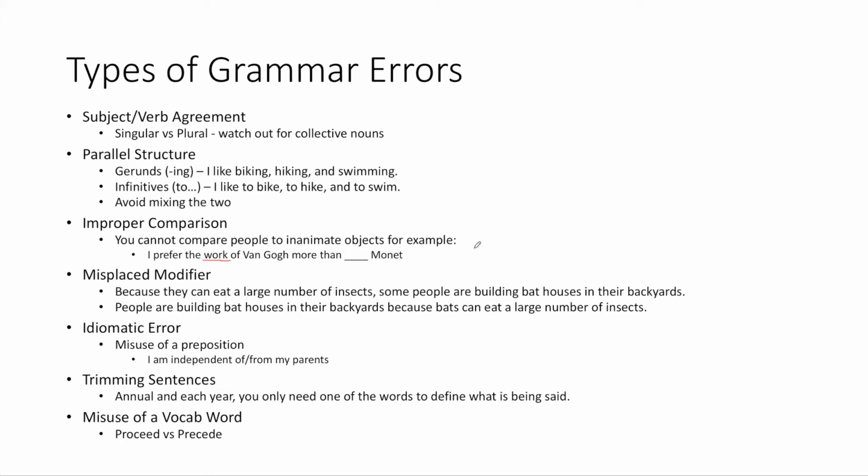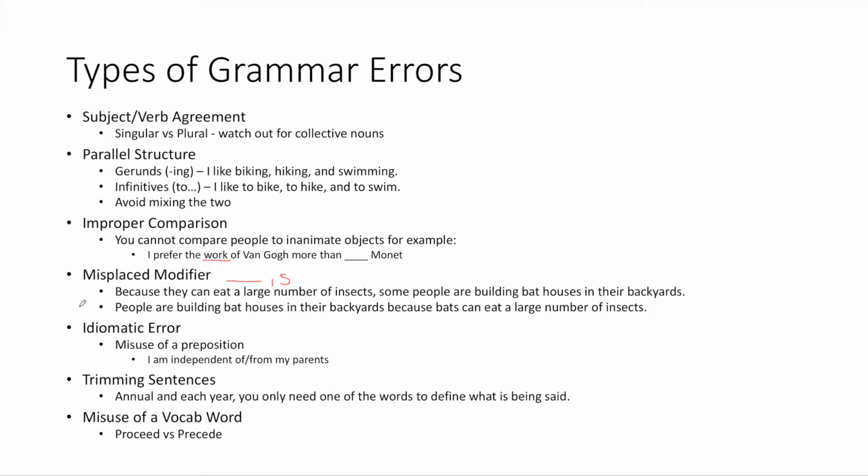With a misplaced modifier, I dug up a sentence from the old SAT because it really exemplifies the misplaced modifier at work. And what I like to think of with a misplaced modifier is that you'll have an intro, generally a comma, and generally the subject that you're talking about. Sometimes the subject will be misplaced. So the first sentence here, because they can eat a large number of insects, some people are building bat houses in their backyards.